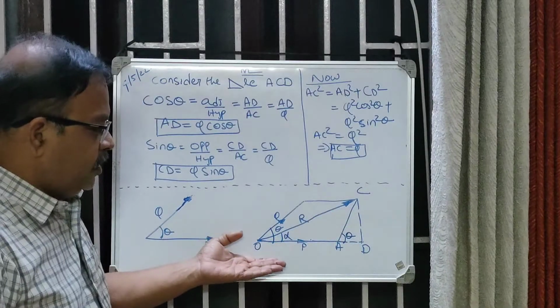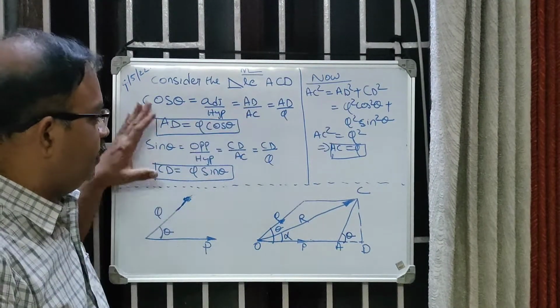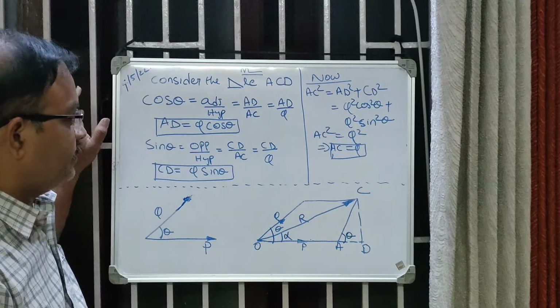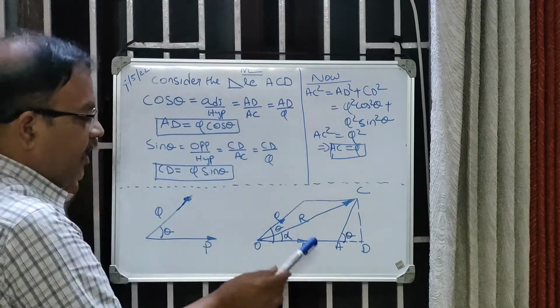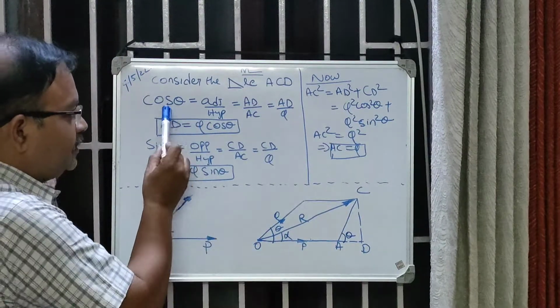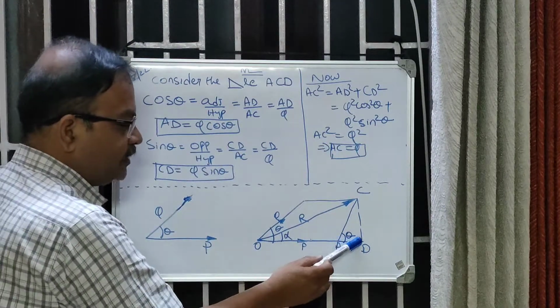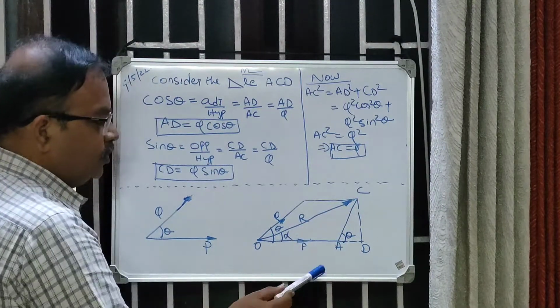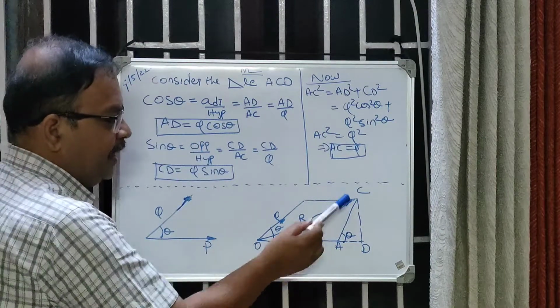Now based on the diagram represented here, I am explaining the procedure for finding the resultant. From the diagram, consider the triangle ACD. Now take cos theta. We all know that cos theta is equal to adjacent by hypotenuse. The adjacent side is AD and the hypotenuse is AC.